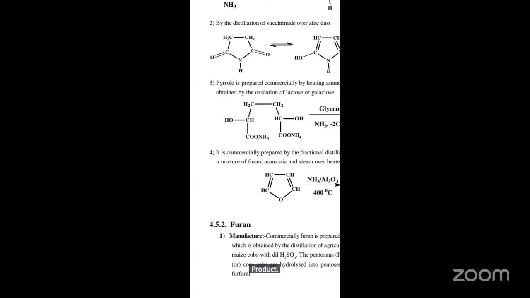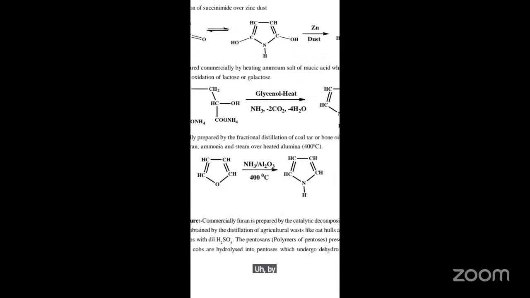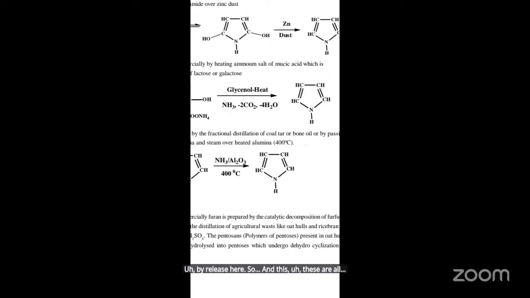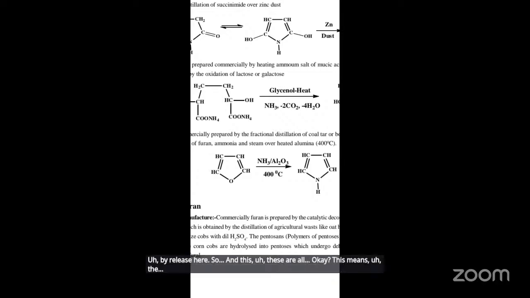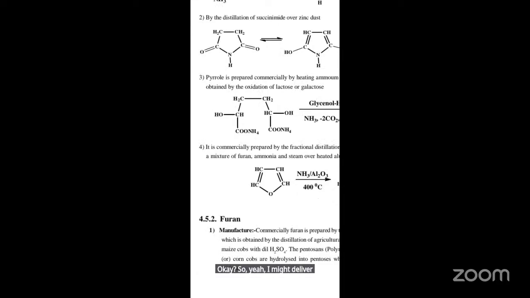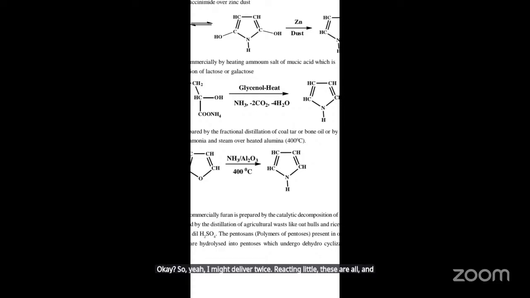And one more method which is employed to synthesize pyrrole is here. The amide derivative is reacting with glycerol and ammonia.